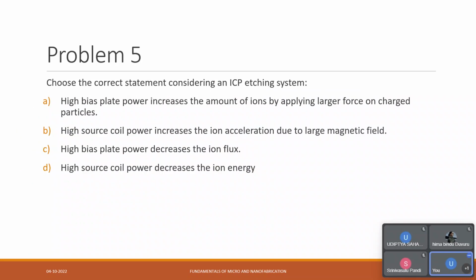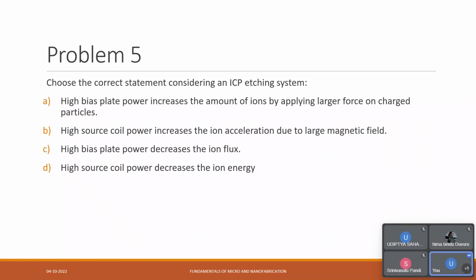So this is problem 5, and this is a question from an ICP etching system. So it is inductively coupled. Sorry, I got a call actually.